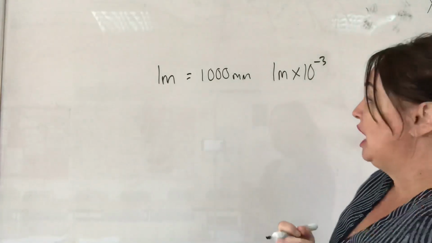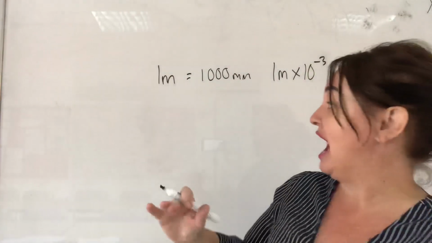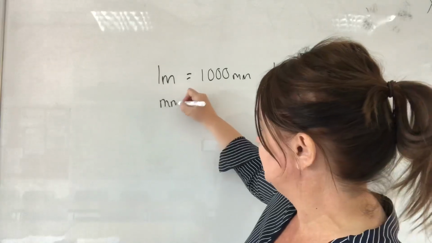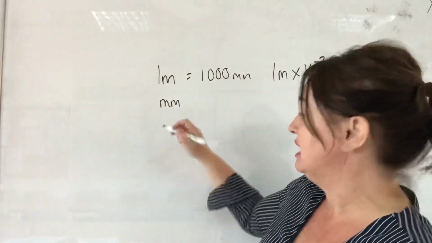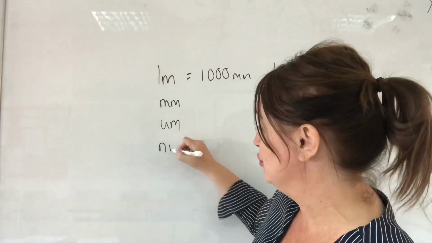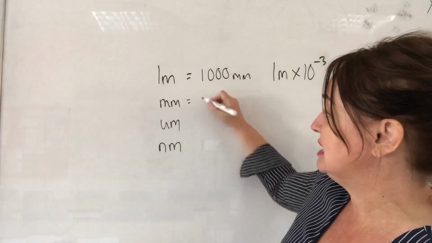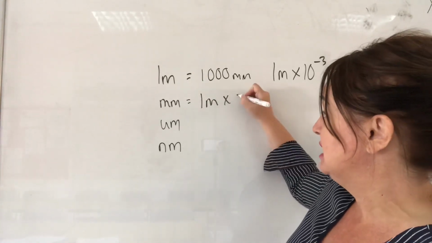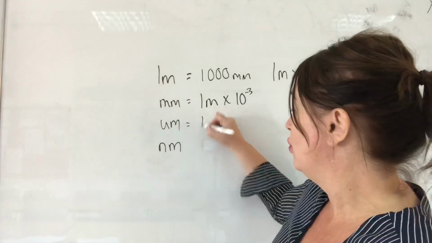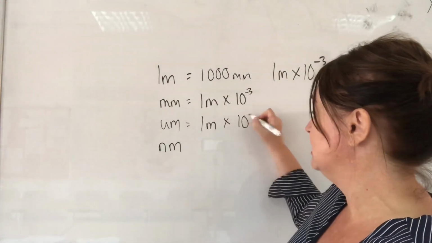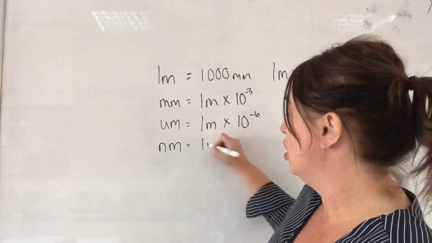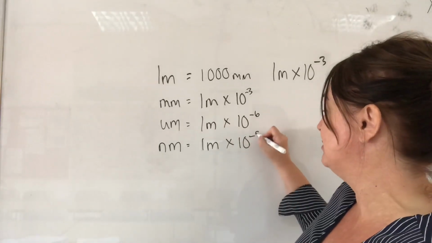The next scale below that is micrometres, and the next scale below that is nanometres. So a micrometre is 1 metre times 10 to the minus 6. A nanometre is 1 metre times 10 to the minus 9.